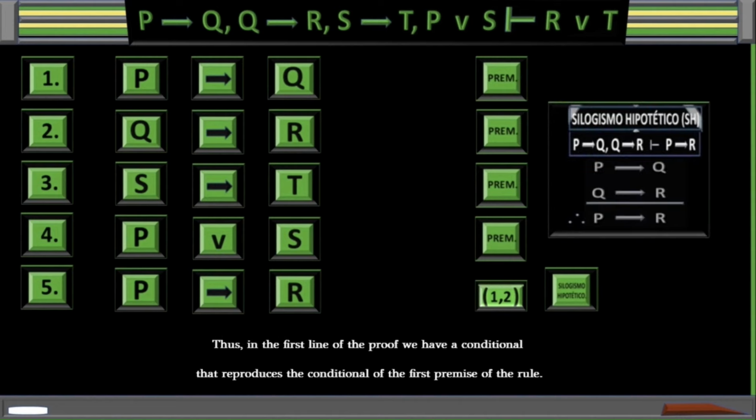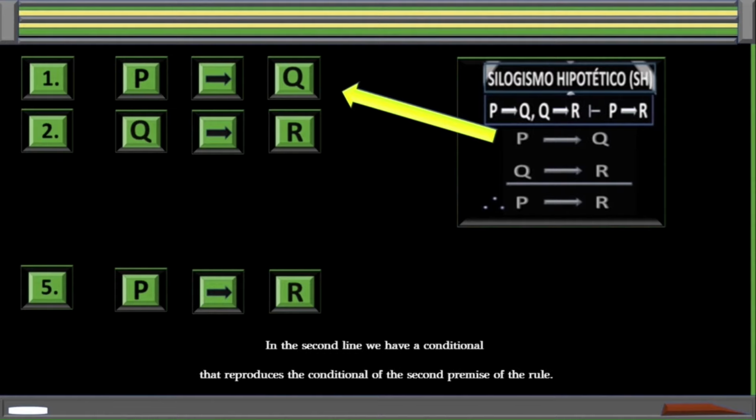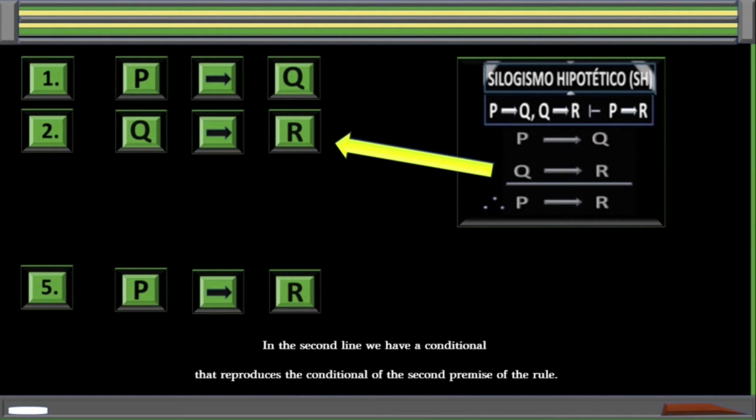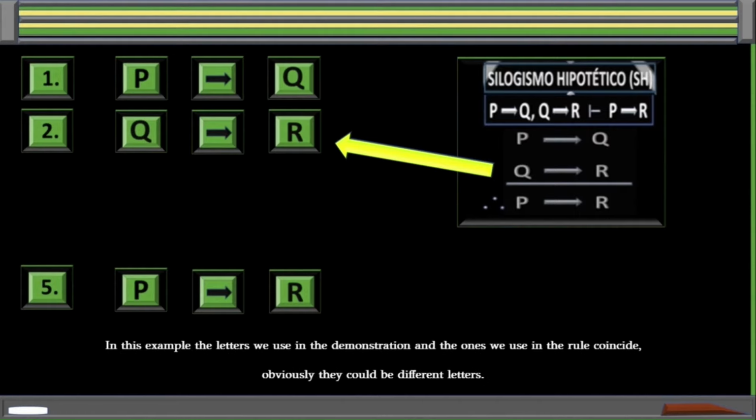Thus, in the first line of the proof, we have a conditional that reproduces the conditional of the first premise. In the second line, we have a conditional that reproduces the conditional of the second premise of the rule. In this example, the letters we use in the demonstration and the ones we use in the rule coincide. Obviously, they could be different letters.